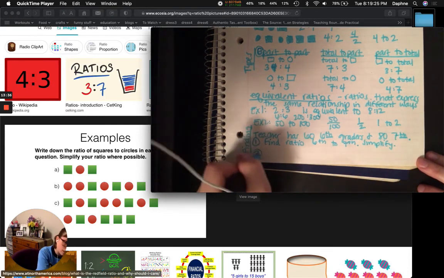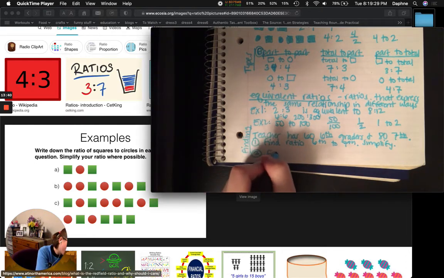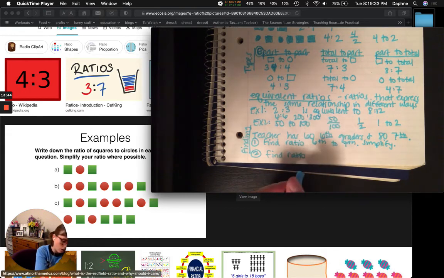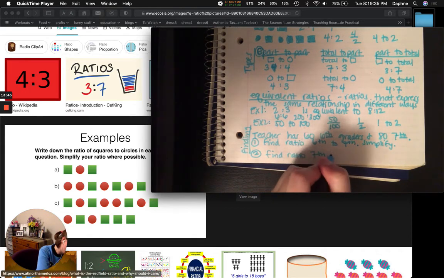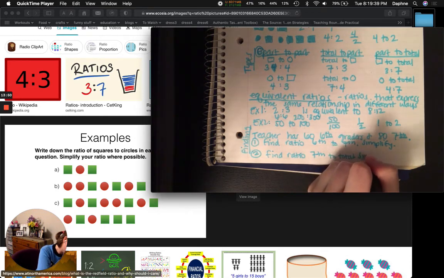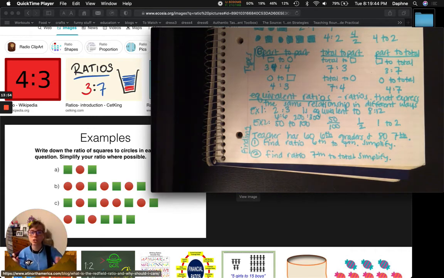And our second exercise is going to be find the ratio of 7th graders to the total, and we're going to simplify. Now I'm going to do this in a different color just so it's more differentiated on the page, and maybe this marker will work. I haven't used it in years, so we'll see. So finding the ratio, I want you to pause, figure it out, and then we'll go over it.